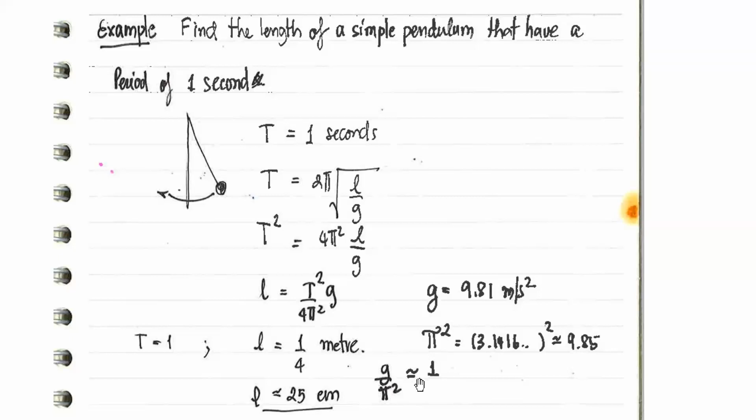It's 1. It's just the math, the numbers that represent, not the unit. So we find that the length is around 1/4 of a meter, or about 25 centimeters, to give you a 1 second pendulum.